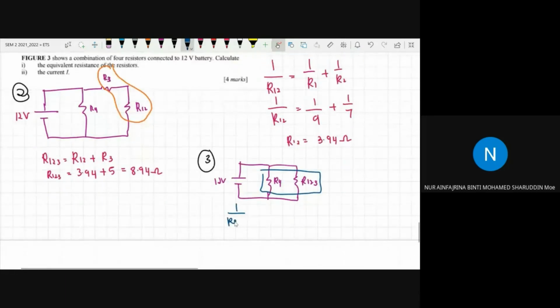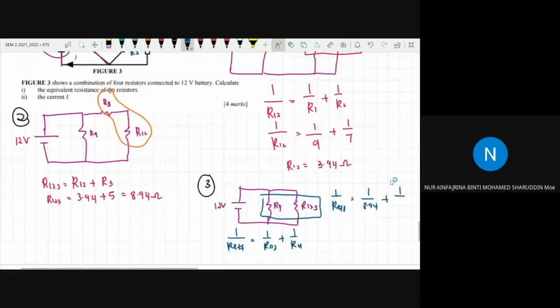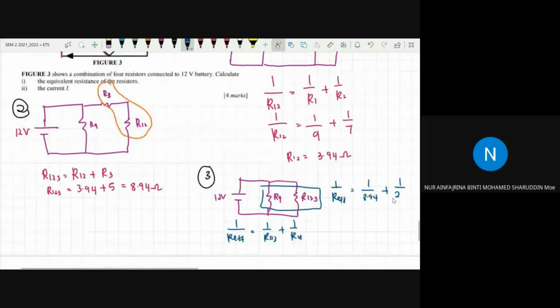Jadi 1 over R effective equals to 1 over R123 tambah dengan 1 over R4. So awak akan dapat 1 over 8.94 tambah dengan 1 over R4. R4 kita adalah 2. So tekan calculator, awak akan dapat jawapan effective resistance dia adalah 1.63 ohm.